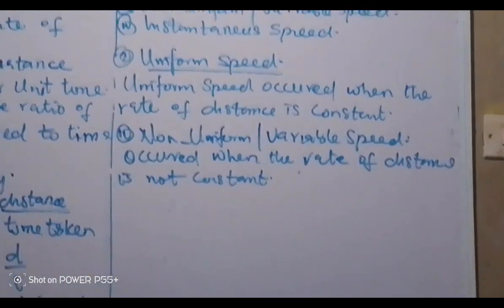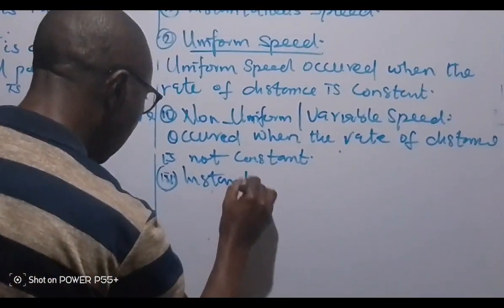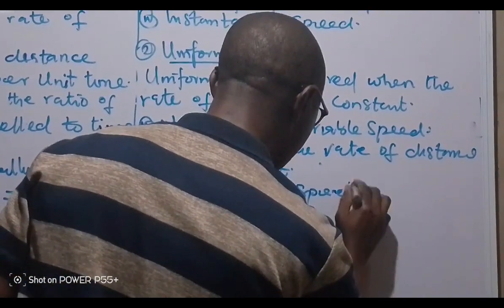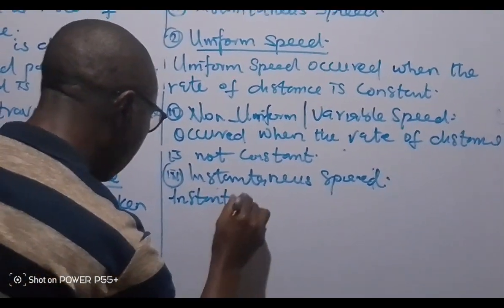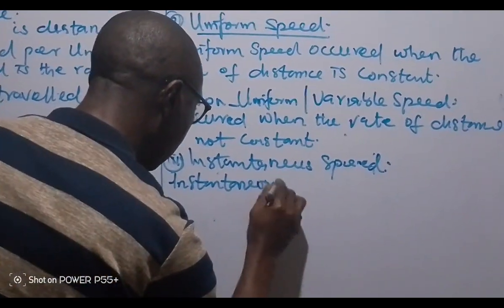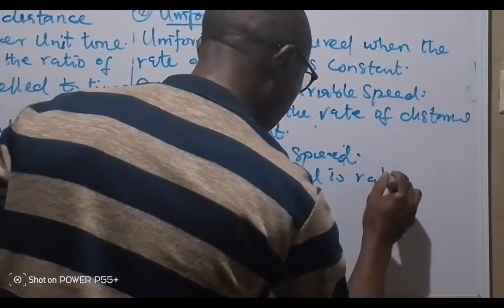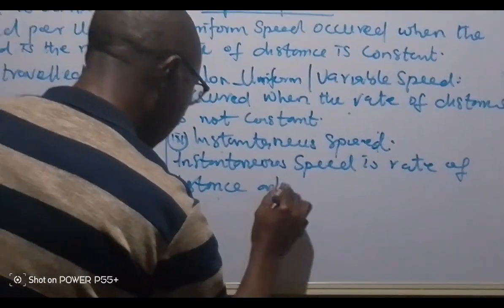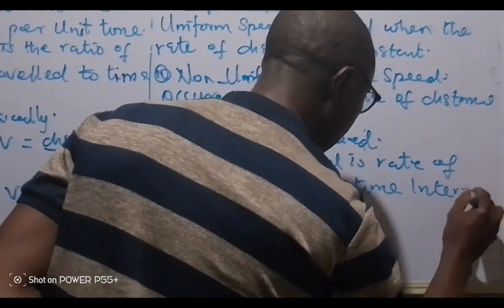Now, number 4, instantaneous speed. Instantaneous speed is the rate of distance at short time interval.